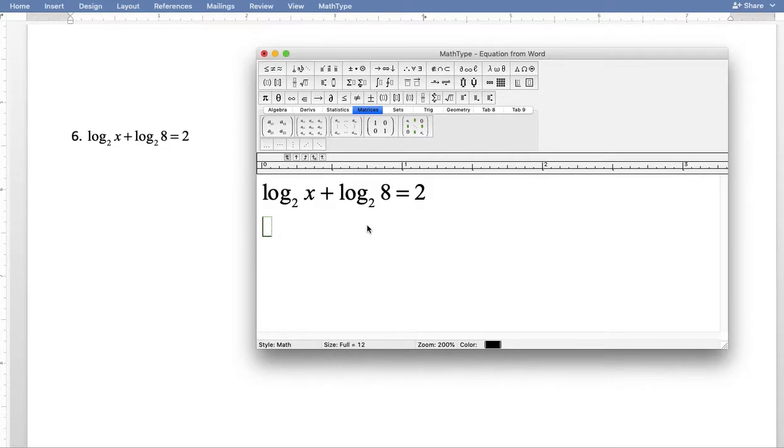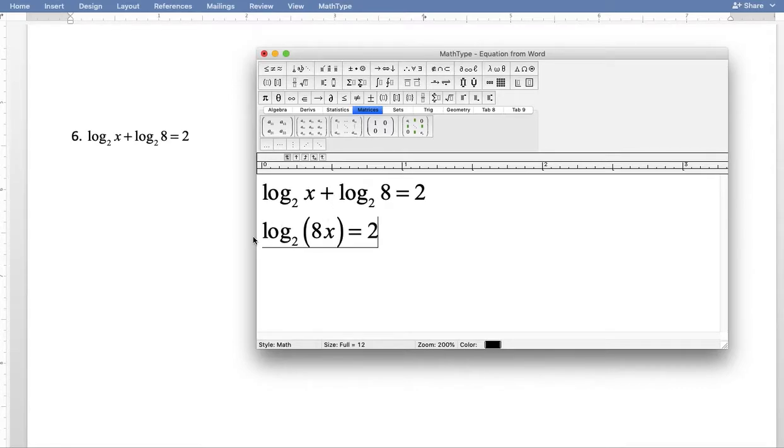We are adding the two logs, so we want to condense these into a single logarithmic statement. Adding two logs, we multiply the arguments, the insides. That's going to give us log base 2 of 8x equals 2.